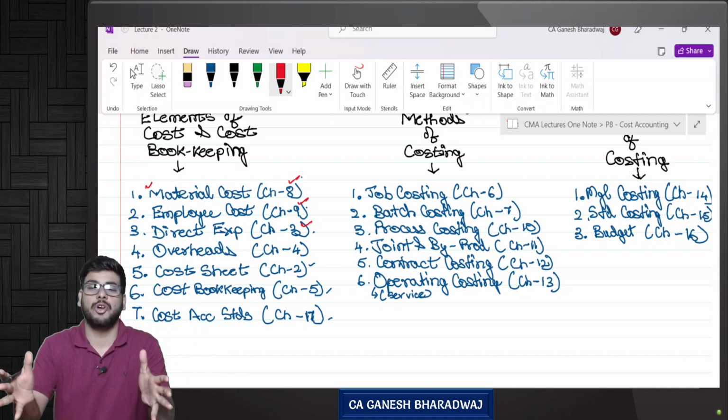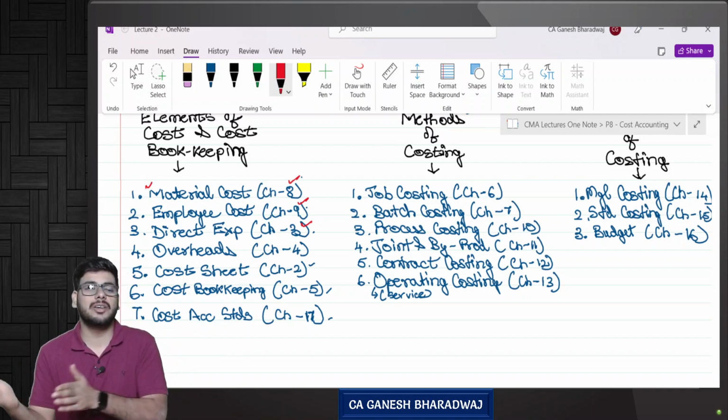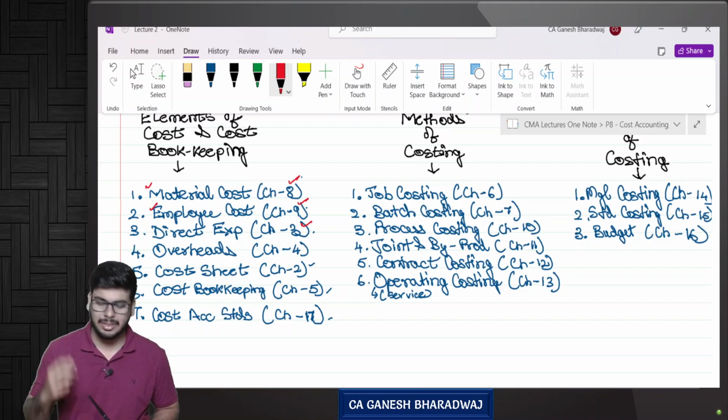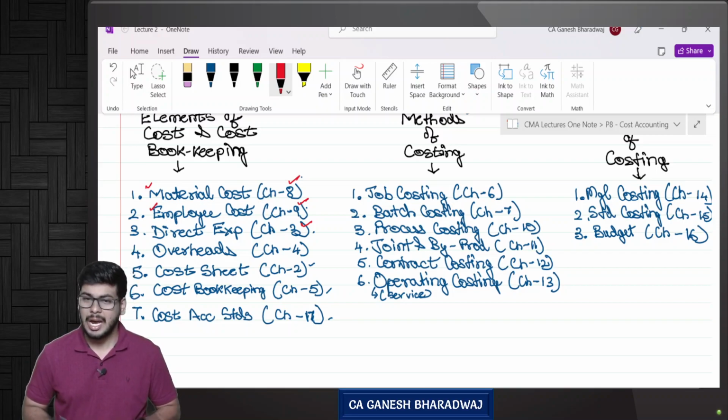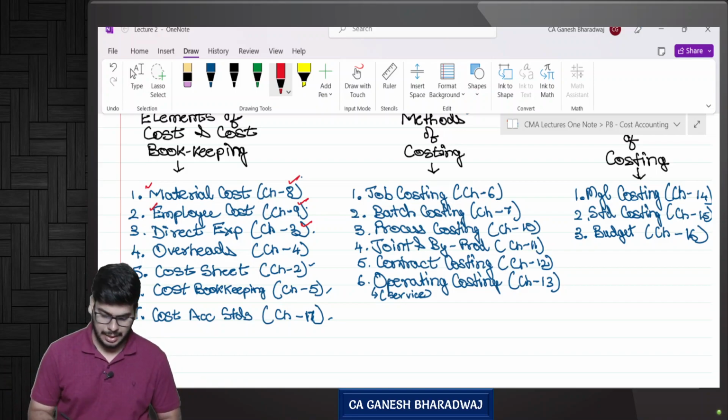He needs to employ some labor and convert the raw material into an FG. That is called employee cost or labor cost, which gets covered in a separate chapter. Apart from material and labor, also called employee cost, they might be incurring some direct expense.